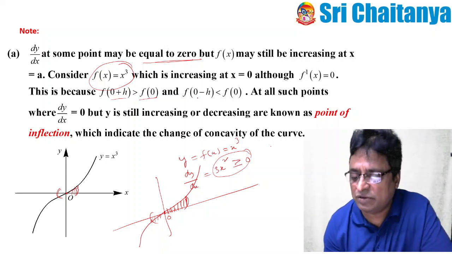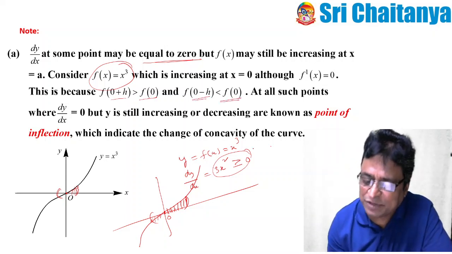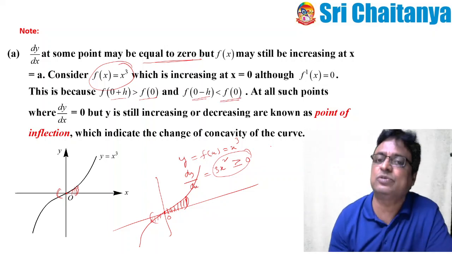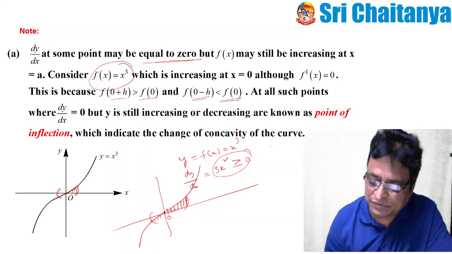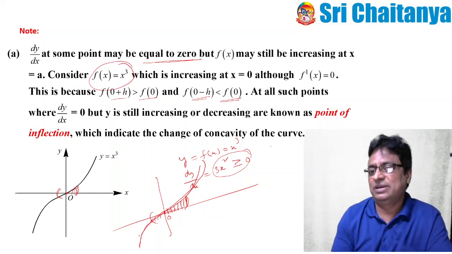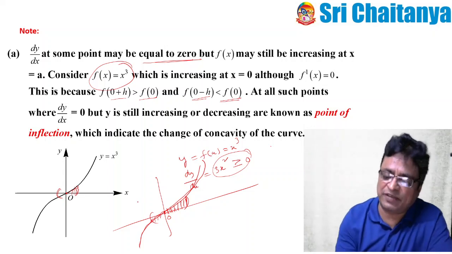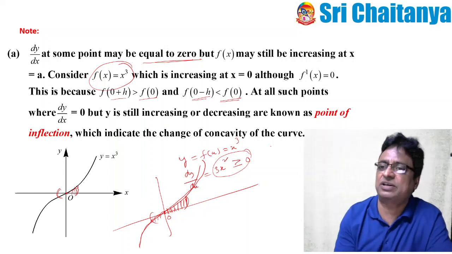For all values which are less than 0, it is always less than 0, but at x is equal to 0, it is 0. Even then, the beauty of this function is it is strictly increasing. It is strictly increasing. So this is the best example whether your function is strictly increasing or not.